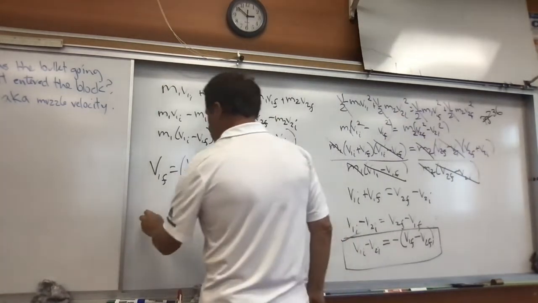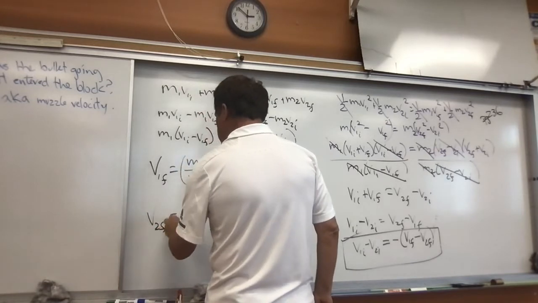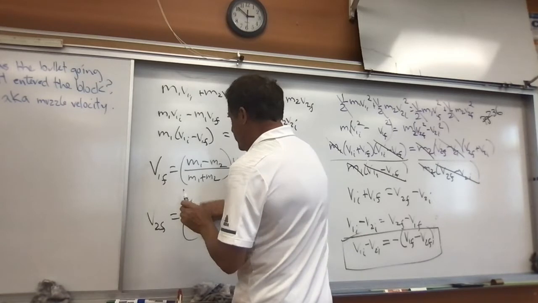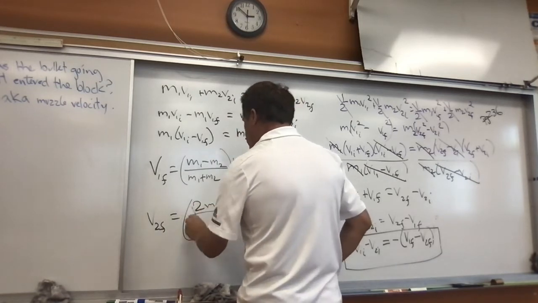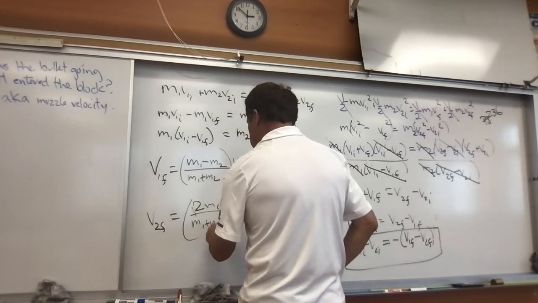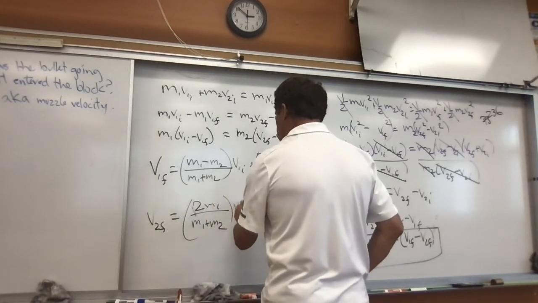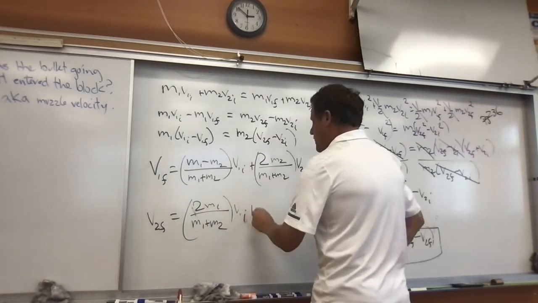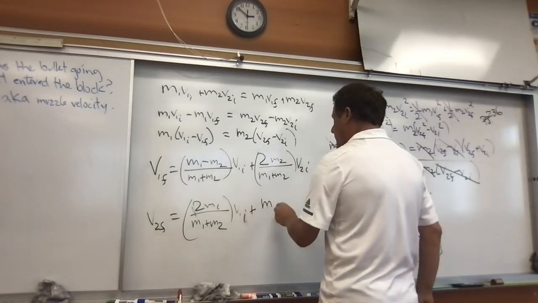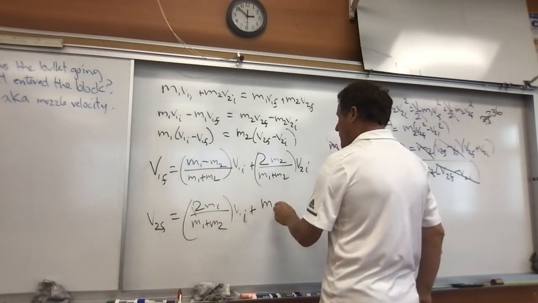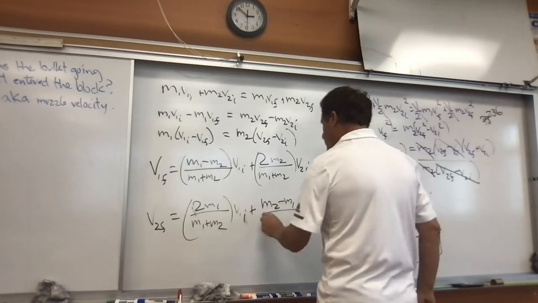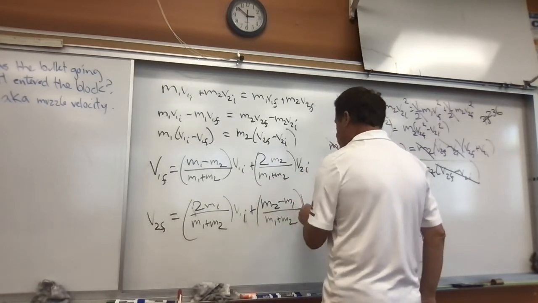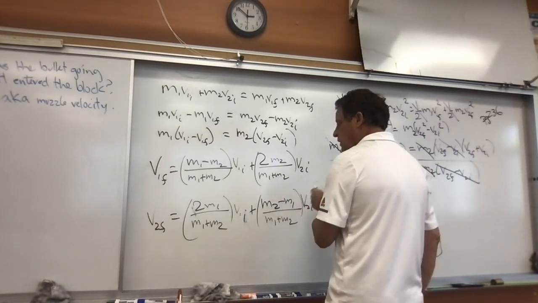And then we can get v2 final, which is equal to 2 m1 over m1 plus m2 times v1 initial plus m2 minus m1 over m1 plus m2 times v2 initial.